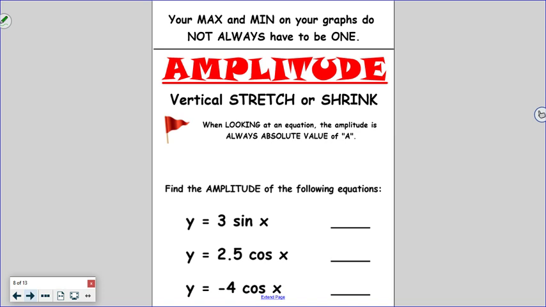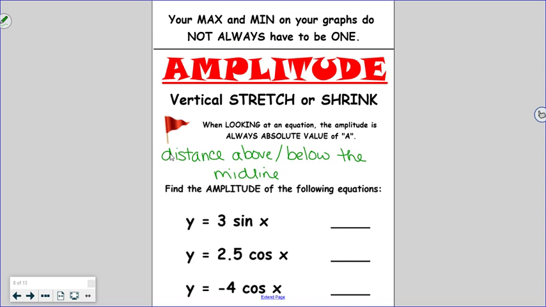Okay? And the amplitude is always a positive number because the amplitude is your distance above or below the midline.